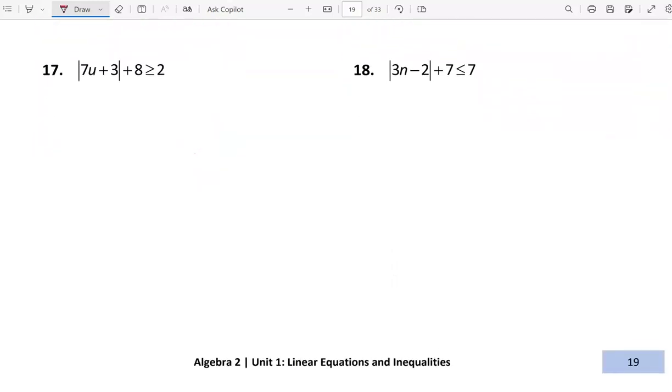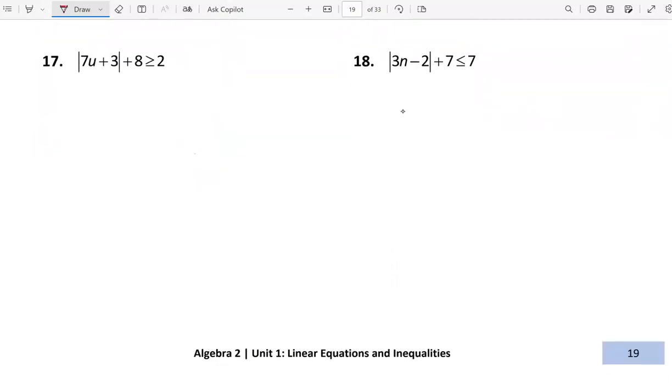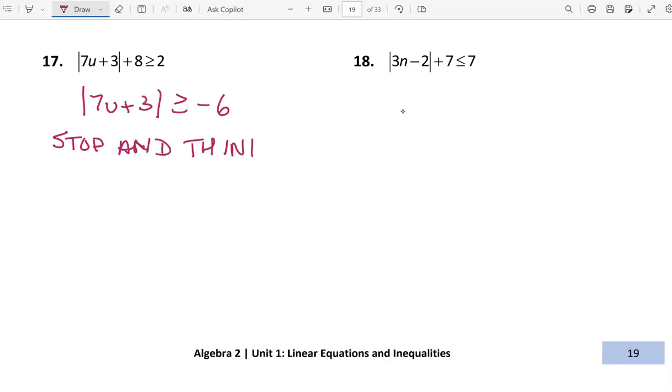For number 17, the absolute value of 7u plus 3 plus 8 is greater than or equal to 2. We need to isolate the absolute value first, subtract 8 from both sides. 2 minus 8 is -6. When we are comparing an absolute value to a negative number, that's a stop and think situation.